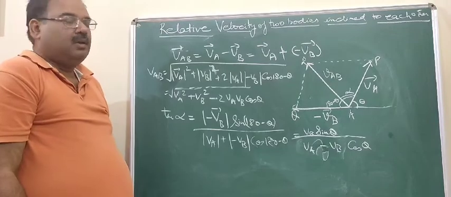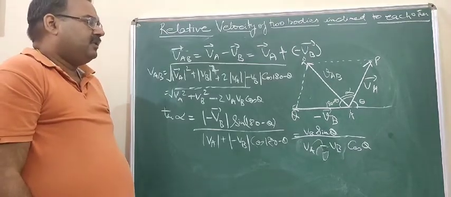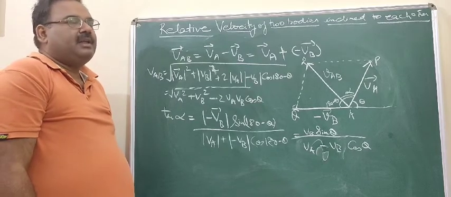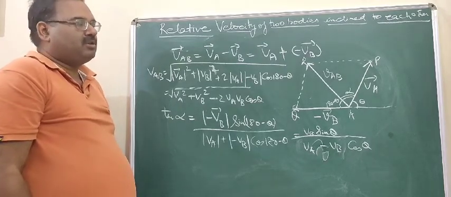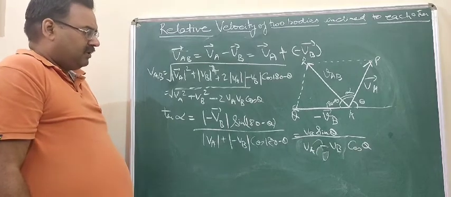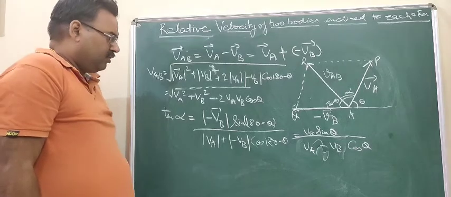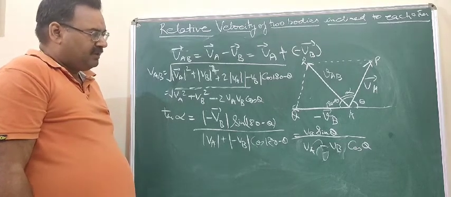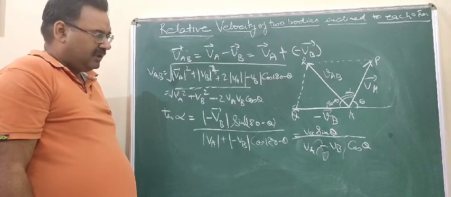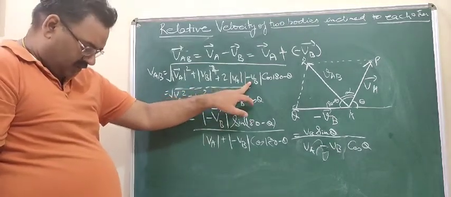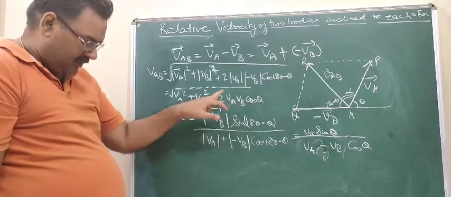Now we will find the relative velocity VA VV. The formula for the resultant is A square plus B square plus twice AB cos theta. So we use this formula to find the resultant. VA VV equals VA square plus VV square plus twice VA VV cos 180 minus theta, taking VV as minus VV.